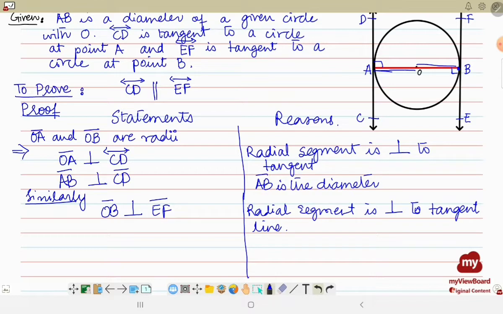So if OB is perpendicular to EF and OB is a part of AB, so OB is perpendicular to EF. Also we can say that AB is perpendicular to EF, right? So why? Because AB is the diameter.